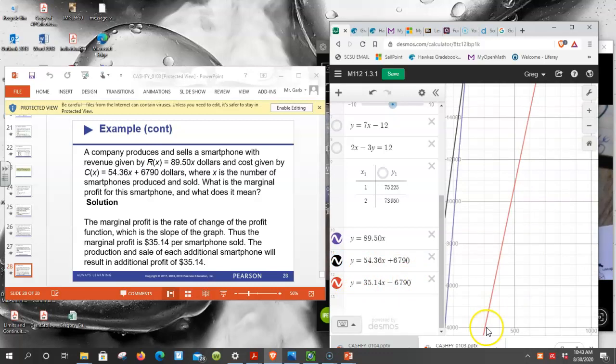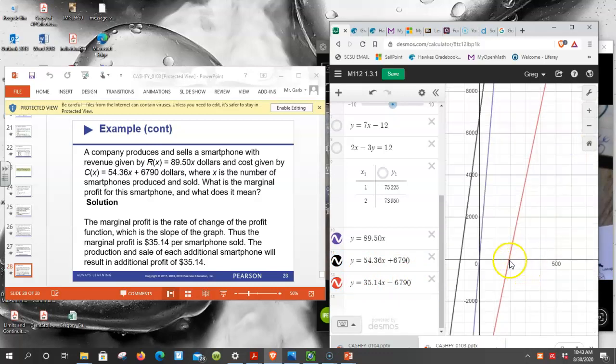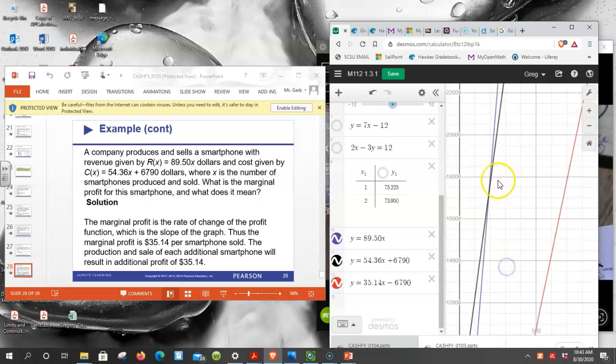If you go down to 0 here, right there, the x-intercept is 193.227. So you have to sell more than the 193rd phone before you start making profit, right? You're in the red if you're under 193 phones. And you get that same number, 193.227.